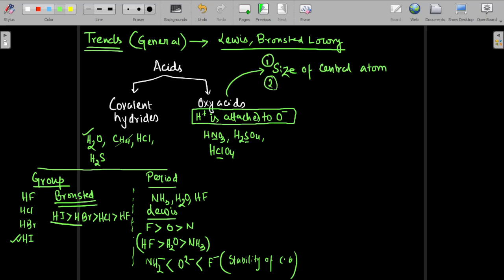Number two is electronegativity of the central atom. Number three is oxidation state of the central atom.